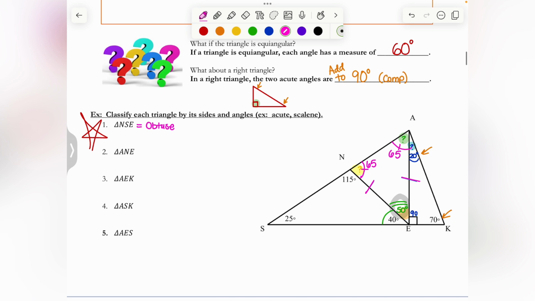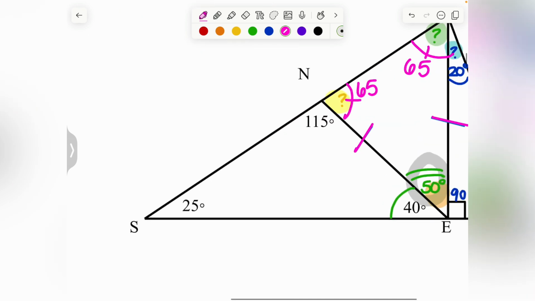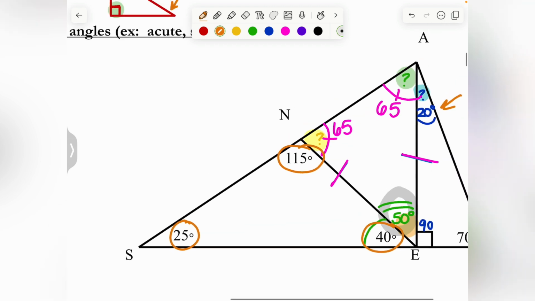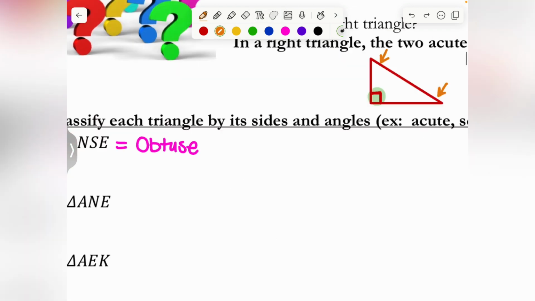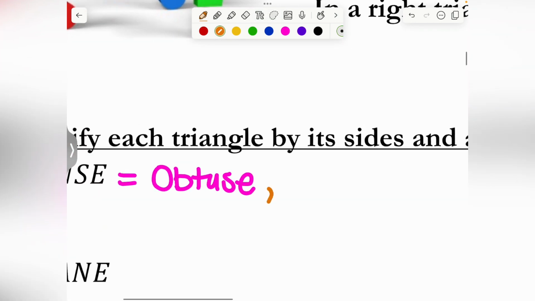And something that we did not talk about, but it's important to note, is that if I do have three different angle measures, it means that all three sides are going to be different lengths. If I have any matching angle measures, then the sides opposite of them will be equal. So since I have three different angle measures for NSE, it means I'm going to have three different side measures, which makes this a scalene triangle.